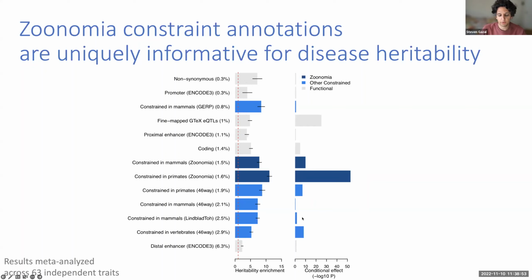It's much more enriched than any other functional annotation, especially fine-mapped GTEx eQTL. And again, I think it's amazing to have this kind of power and new information based only on 43 primate sequences compared to all these other annotations that required much more data.